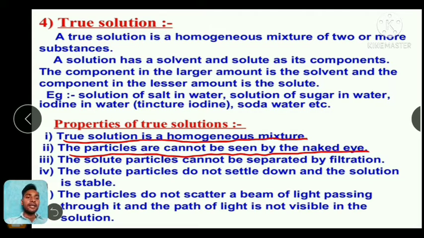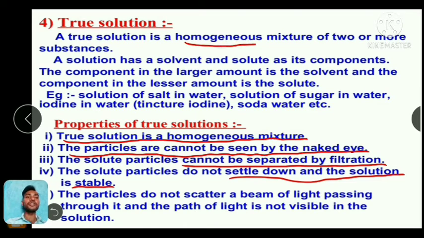The next thing, they cannot be separated by filtration and do not settle down when you leave them for some time. If you leave it for 1 day or 2 days, you will find that the particles present in a solution do not settle down, so they are completely stable, as homogeneous mixtures were stable.